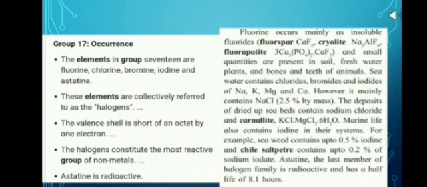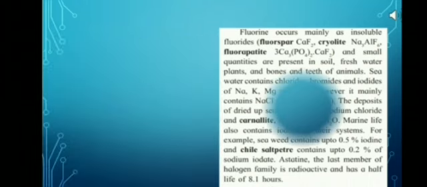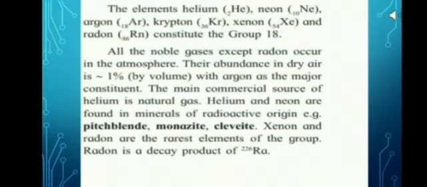Now group 18 are the noble gases. They have very stable electronic configurations as their orbitals are completely filled. Helium is 1s2, while other noble gases have the electronic configuration ns2 np6. They have a complete octet.